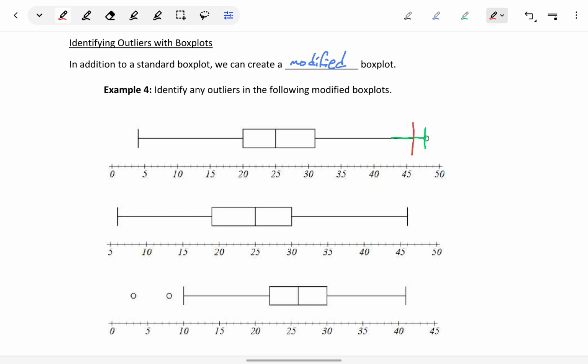Instead, what we have is this fence that's been moved in, and now instead of representing the maximum value, it's representing the maximum usual value. Since that's our maximum usual value, any data point beyond that modified fence is considered to be unusual. So in this case, we have one outlier because we have one data point, one dot, occurring beyond that fence.